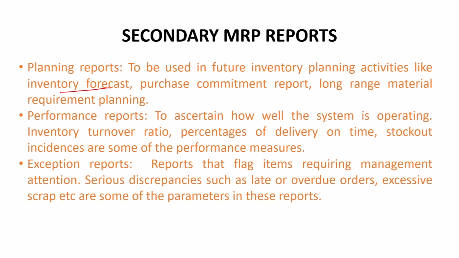Then there are performance reports to ascertain how well the system is operating. Inventory turnover ratio is a very important performance measure. As we discussed while discussing aggregate planning, the inventory turnover ratio is total sales volume divided by the average inventories. If the inventory turnover ratio is 12, that means you are keeping only 1 month of inventory, and if the inventory turnover ratio is 2, that means you are keeping 6 months of inventory.